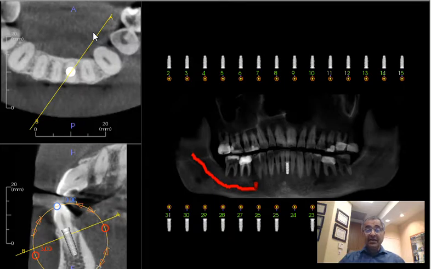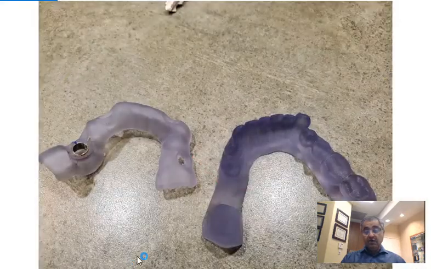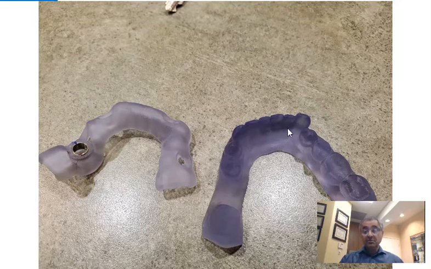So with this, we can create a surgical guide. If you look on the right, we've taken a scan of the patient and printed a 3D model, and on the left we've created a surgical guide.